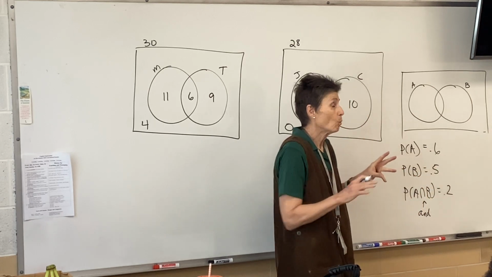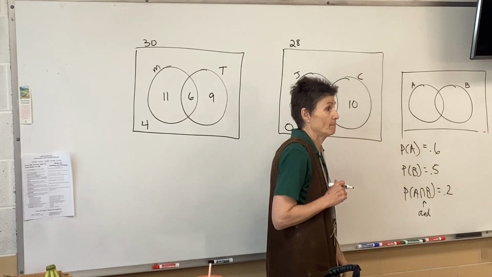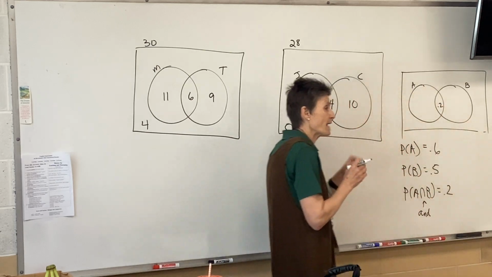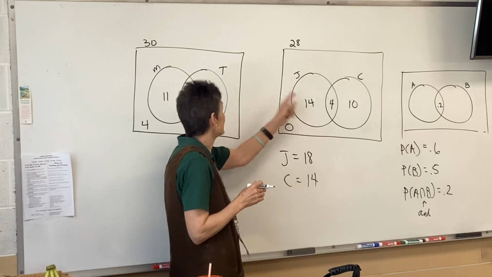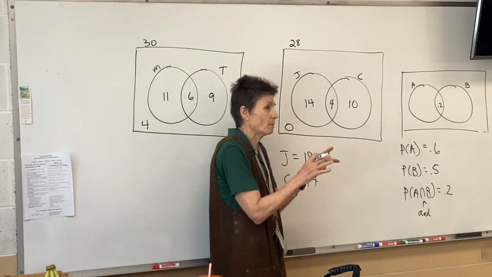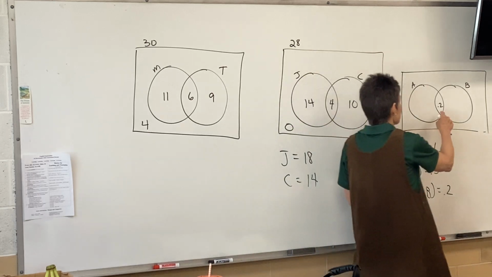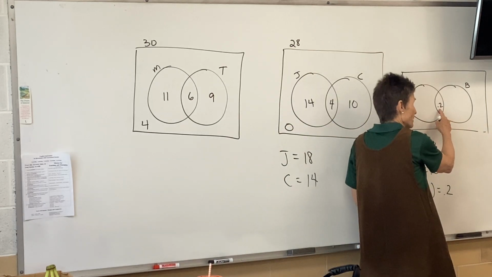Okay, wait a minute, where would that be in the Venn diagram? In the middle, so this is 0.2. So instead of putting actual numbers in there like 14 and 9, we're putting in probabilities now. So the probability someone likes both is 0.2.